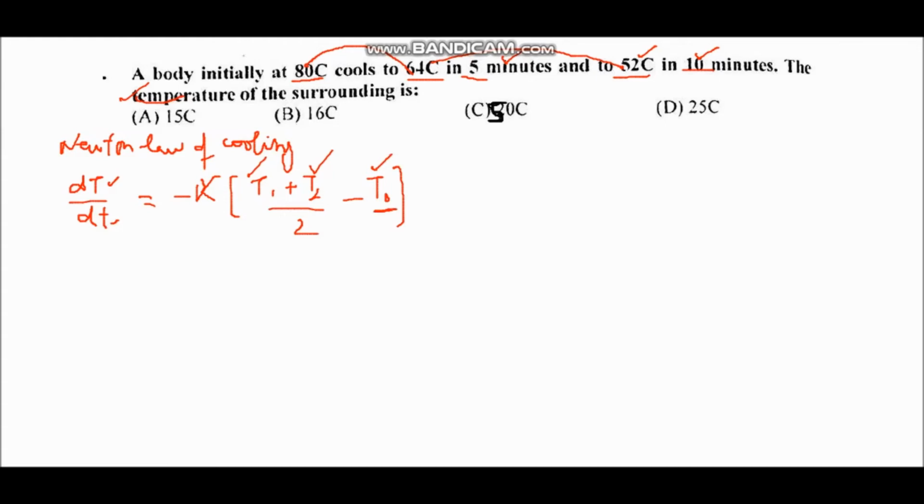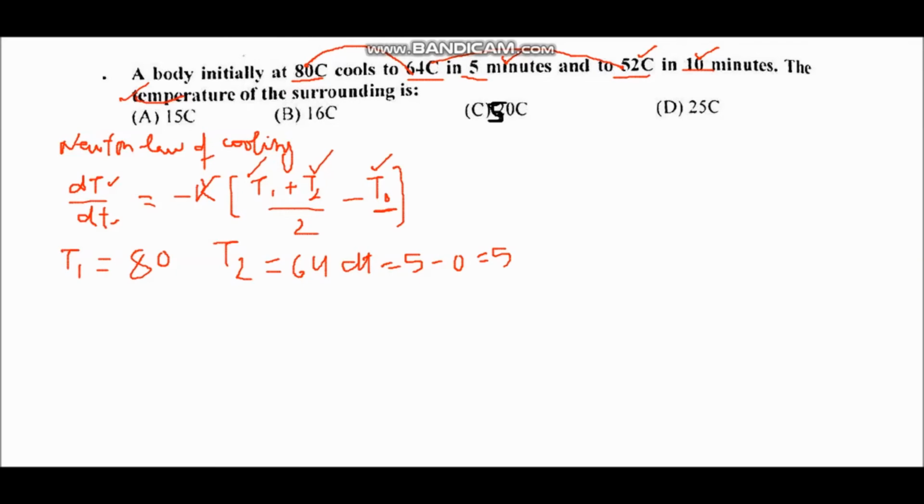So first we consider the first case, that is when the temperature changes from 80 degrees Celsius to 64 degrees Celsius. So T1 is 80, T2 is 64, and the time taken, that is dt, is 5 minus 0, means 5 minutes.